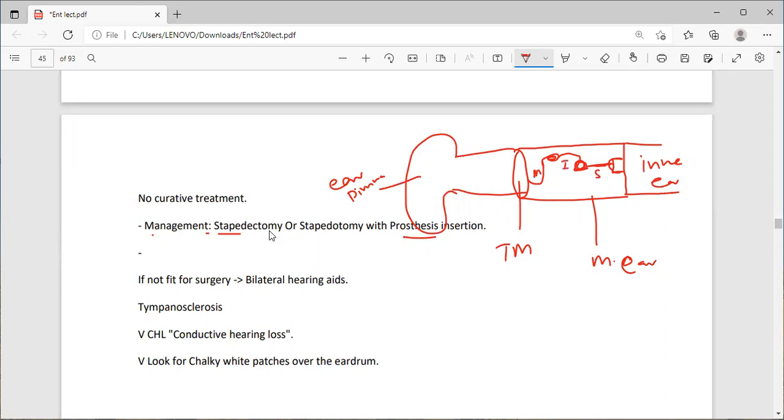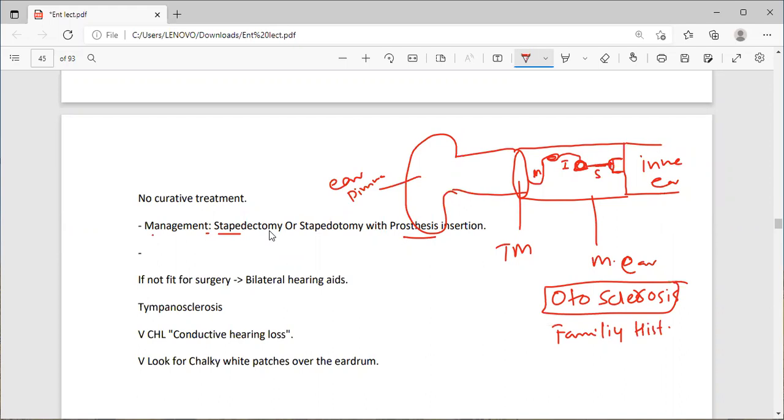In a patient with otosclerosis, because of family history or genetic predisposition, they have an abnormal gene for otosclerosis.